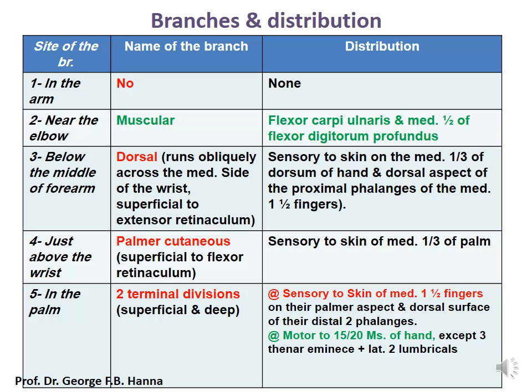Number 4, the palmar cutaneous branch, which passes superficial to the flexor retinaculum, supplying the skin of the medial 1/3 of the palm. It is completed here by number 5, the 2 terminal divisions, supplying sensory branches to the skin of the medial 1.5 fingers on their palmar aspect and the dorsal surface of their distal 2 phalanges, as well as supplying motor fibers to 15 out of 20 muscles of the hand, except the 5 muscles supplied by the median nerve, which are the 3 muscles of the thenar eminence and the lateral 2 lumbricals, number 1 and 2.